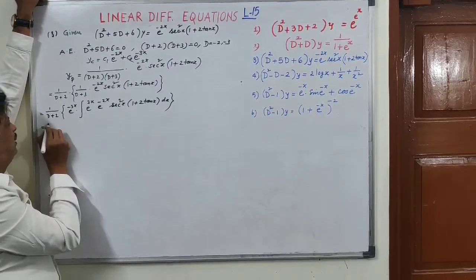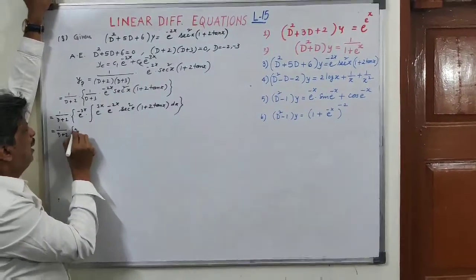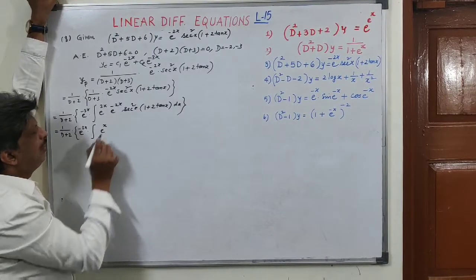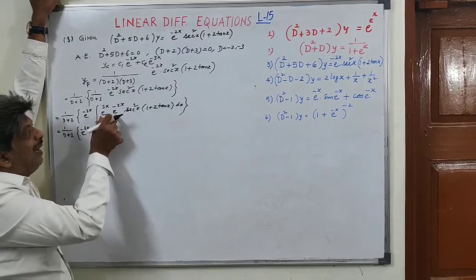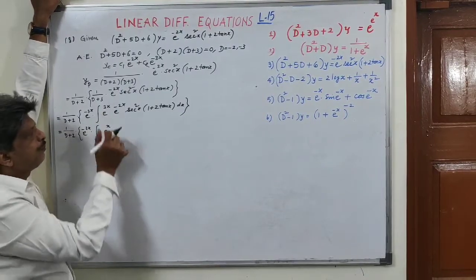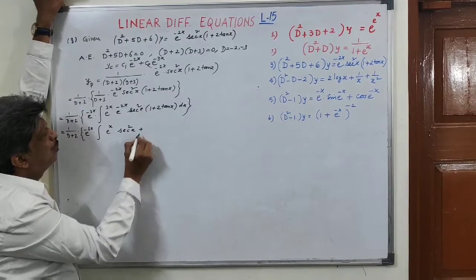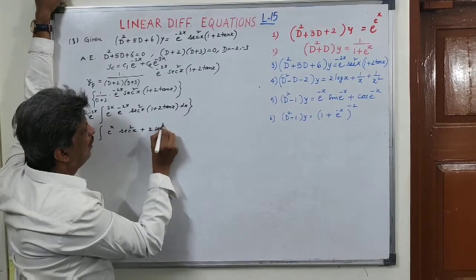So that reduces to 1 upon d plus 2 times e raised to power minus 3x into integral of this gives me e raised to power x into sec square x plus 2 sec square x tan x.